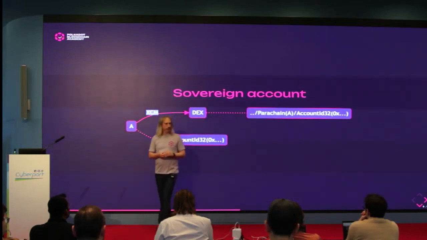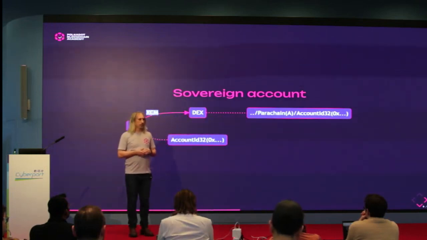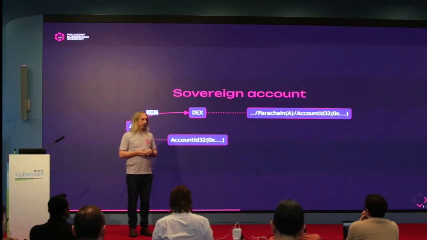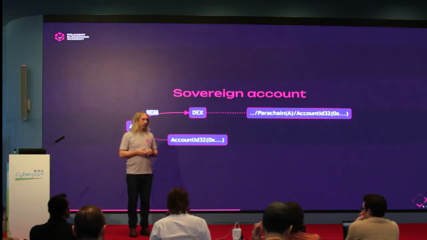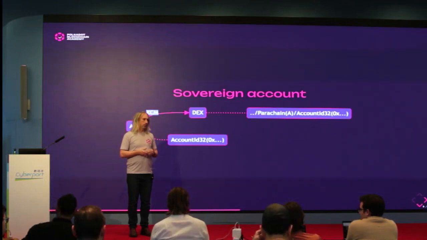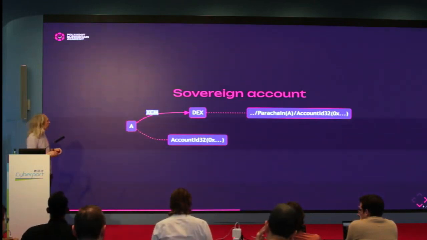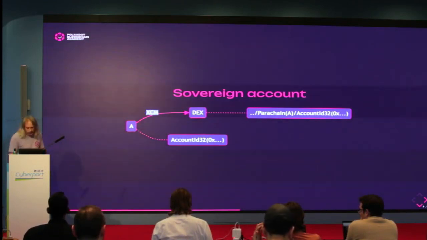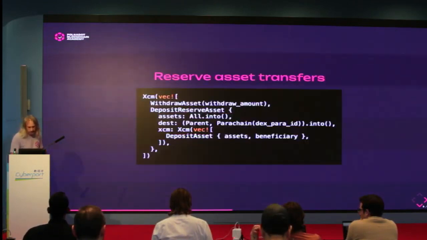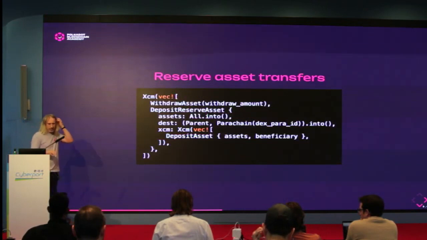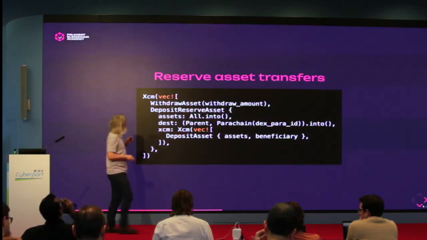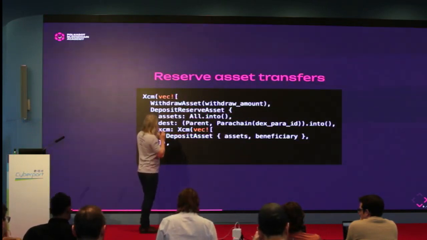Okay, so is it like the deposit reserve asset? If we go back to the last slide, is that where this restriction is? Exactly that. Okay, so the descend origin is derived from this struct, or let me think.